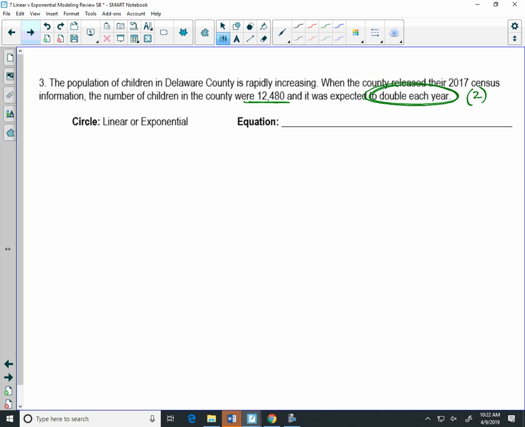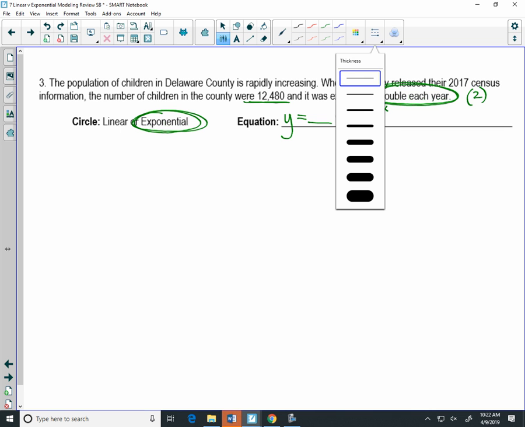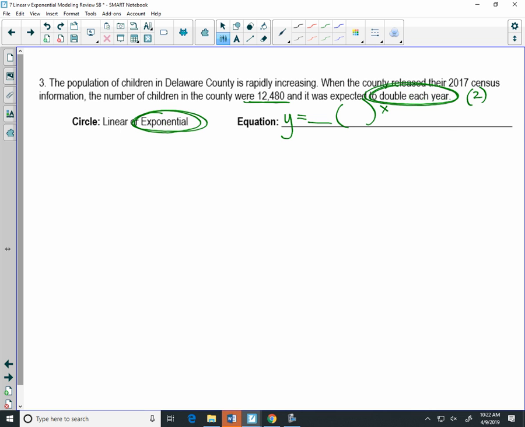It's multiplying by 2. So definitely exponential since we're multiplying here. Y is equal to. Gotta have that x up there to make it an exponential. Our starting value is 12,480. And we are doubling each year, so we're multiplying by 2.